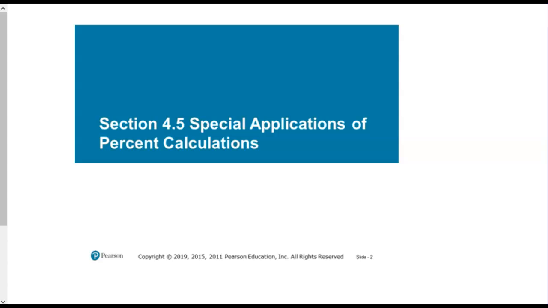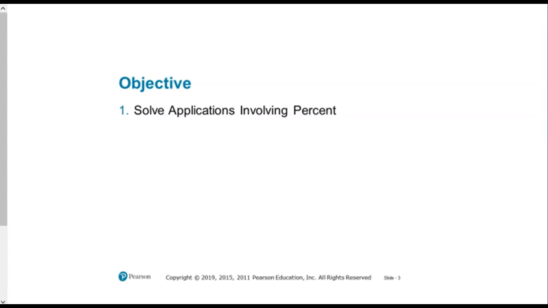These are special applications, and so they have titles over them, and I want that to cue you in that these are going to be proportion problems for the most part, and you'll set them up differently. You won't have to do the translation like we did with the of and the is in the last section. So pay careful attention that these are special applications.